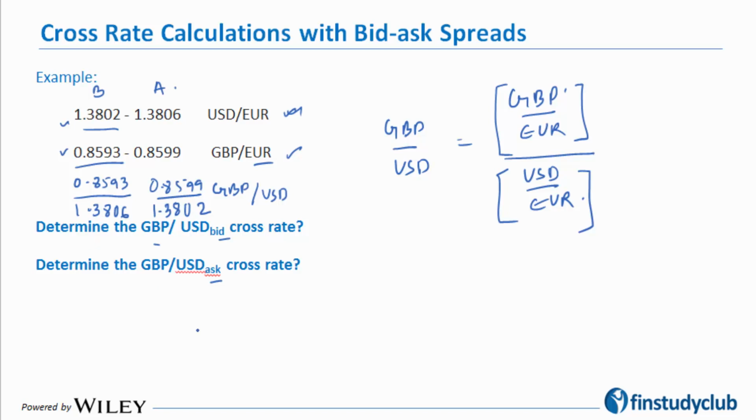So while you know that you need to divide GBP euro with USD euro, what is the pair that you're going to take? I'm going to divide low with high to arrive at as low a rate as possible, and I'm going to divide high with low to get as high a rate as possible. So this is just some sort of a rule that you should keep in mind to ensure that you don't go wrong in the exam.